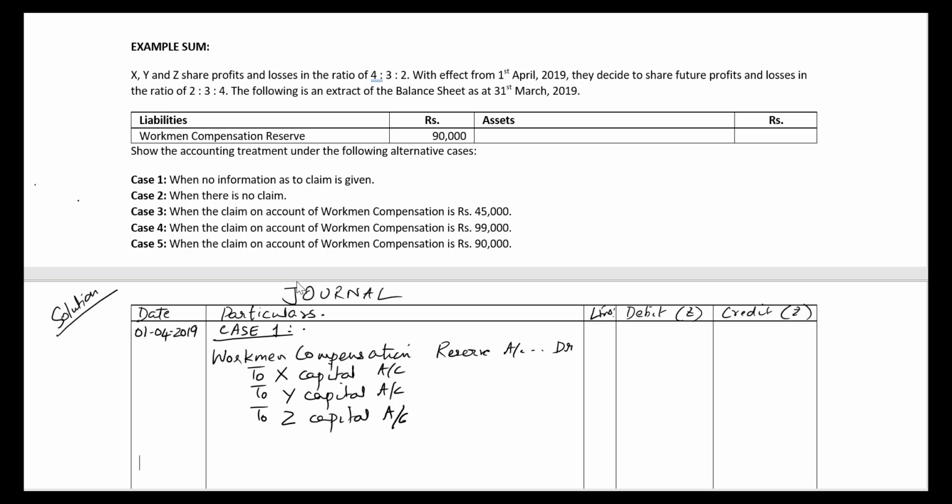The amount of reserve 90,000 rupees will be distributed in 4:3:2.